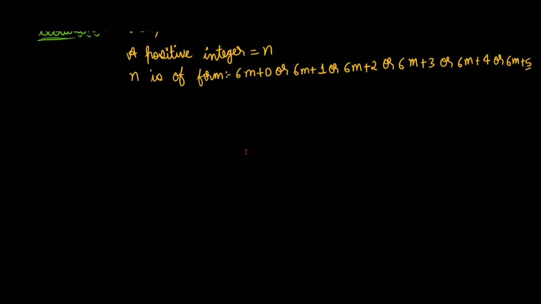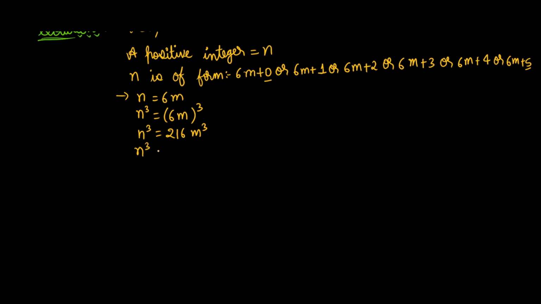So we will cube both sides by taking n is equal to 6m. So we can ignore 0. So n cube is equal to 6m whole cube. So n cube is equal to 216 m cube.